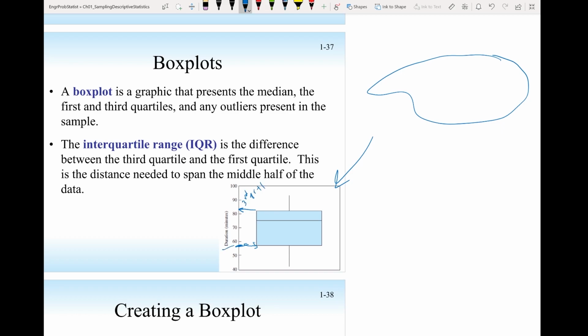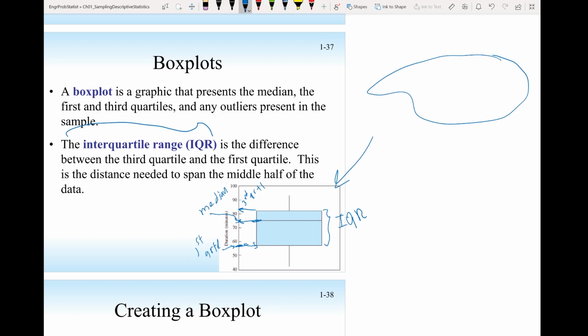And this will be first. And then you find the median, which is this line in the center. That's the median. And then you calculate the width here, or this range, which is the third quartile minus the first quartile. And we call this range IQR, which is the interquartile range.